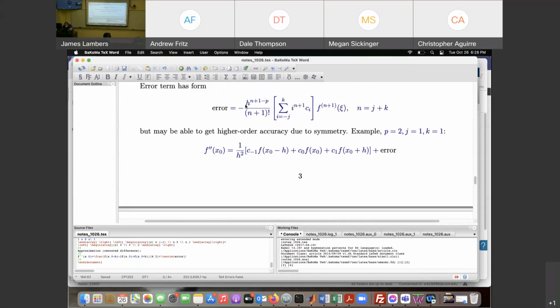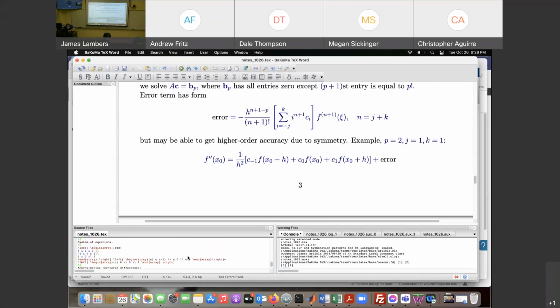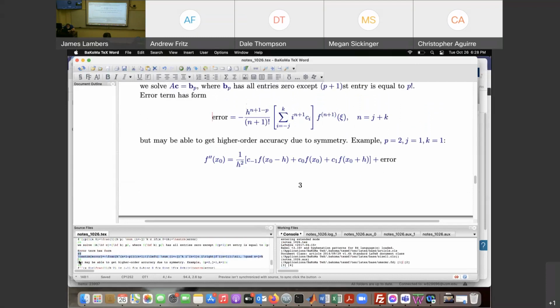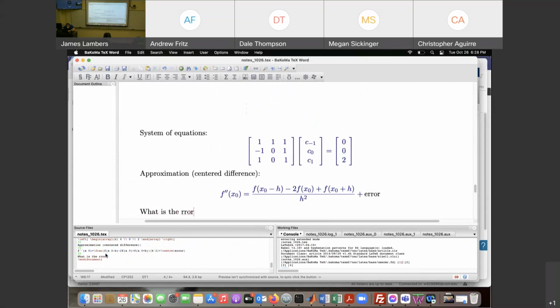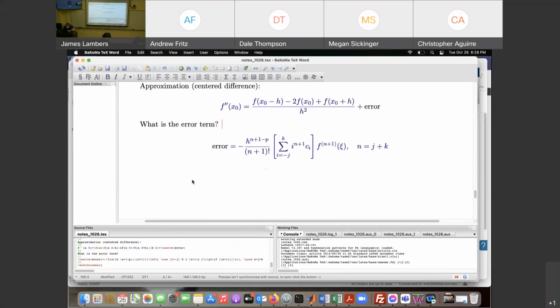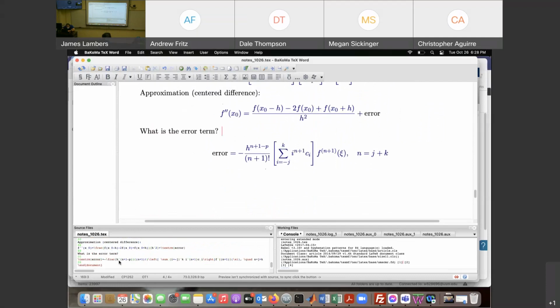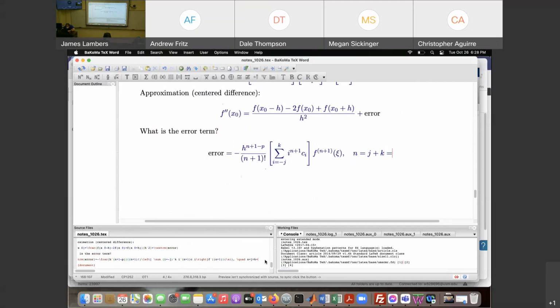So if I were to evaluate this, because I'm going to make a copy of that. Okay, so we have j and k both equal to 1, and n is equal to j plus k, so that would be equal to 2 in this case.